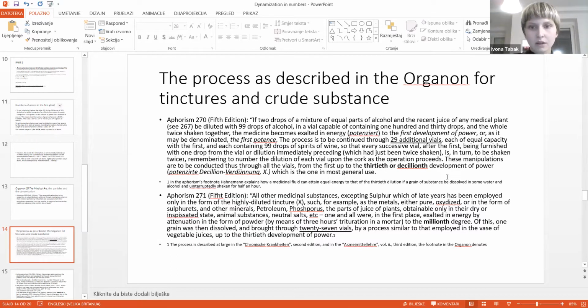And if we do the math, we see that the decillionth and the 30th potency are basically one and the same. Why? Because the decillionth is 10 to the exponent of minus 60, and C just denotes 100, so 2 zeros each time. So 2 times 30 is 60. It's actually really the same.